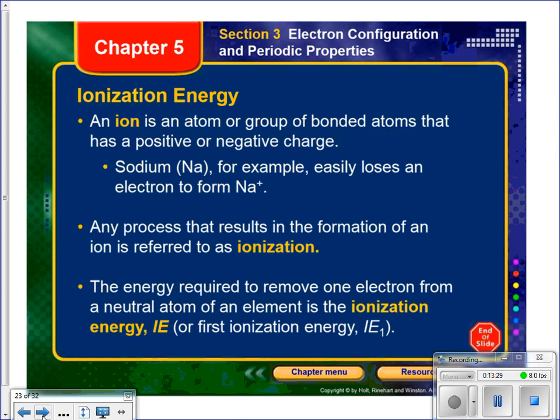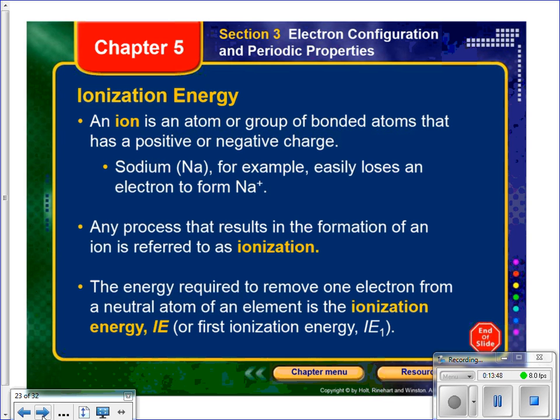All right, so talking about ions, we have something called ionization. And so this is just a process that an atom goes through when it gains or loses an electron. We have ionization energy, and we have numbers that correspond with ionization energy.